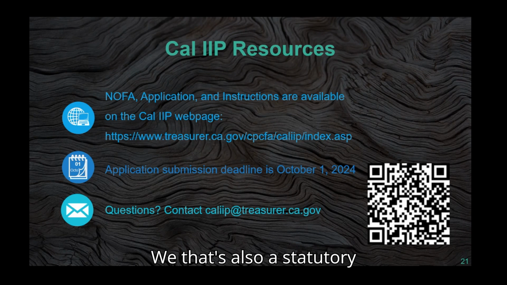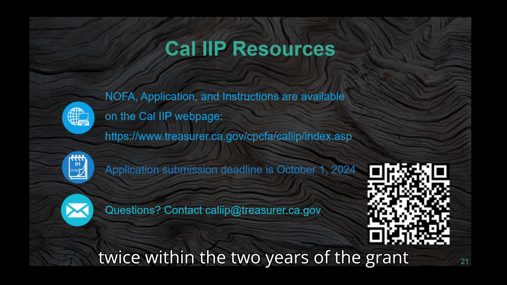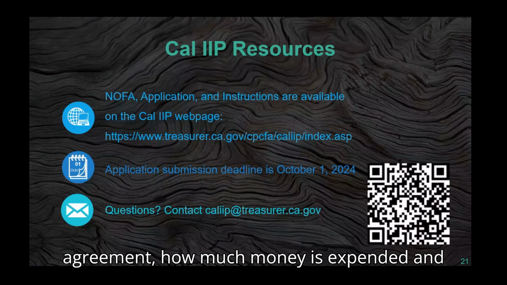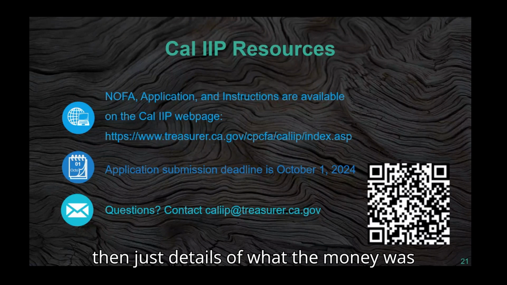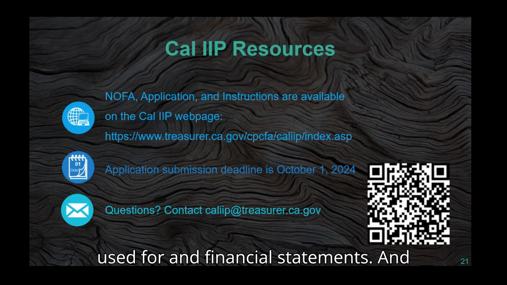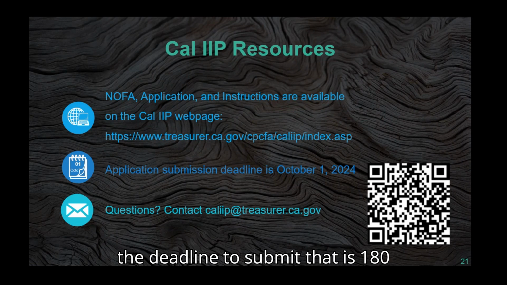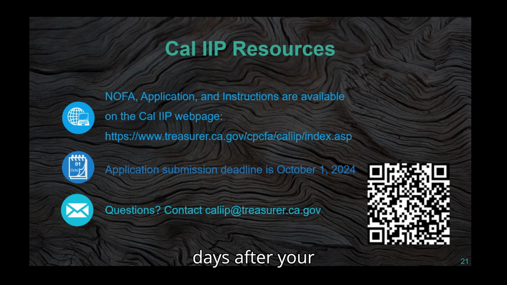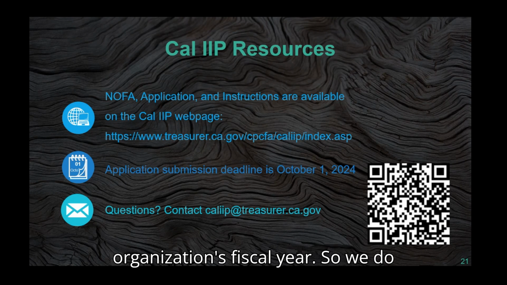That's also a statutory requirement that the organization has to report twice within the 2 years of the grant agreement how much money is expended, and then just details of what the money was used for and financial statements. And the deadline to submit that is 180 days after your organization's fiscal year end. So we do calculate that and we send you that information.